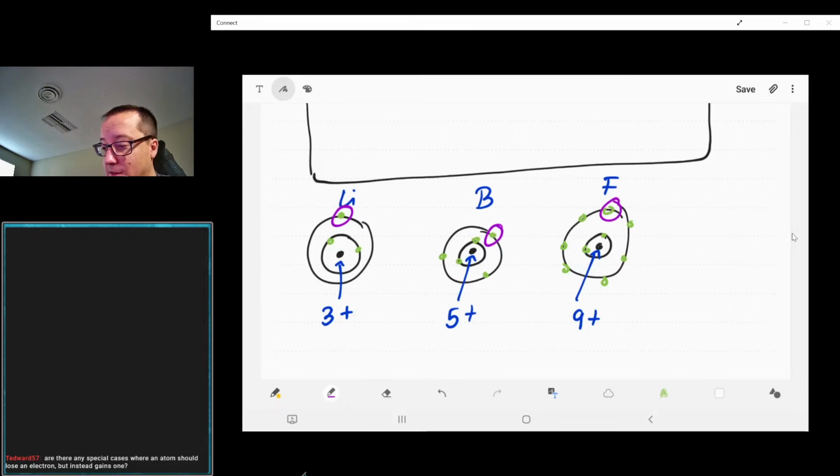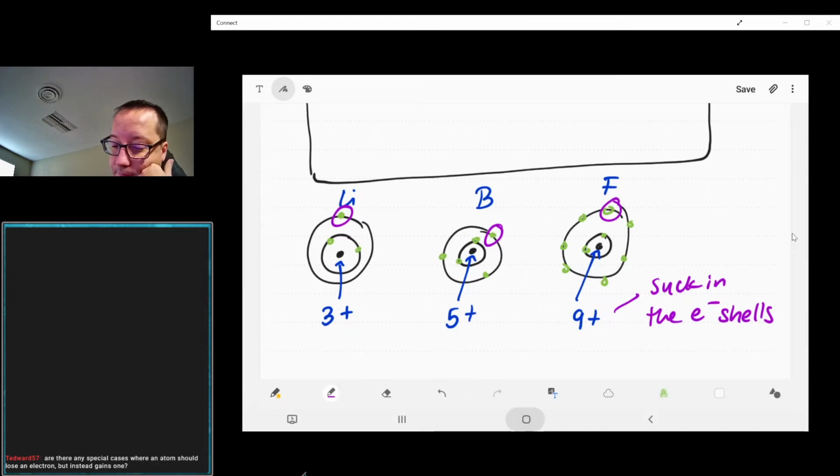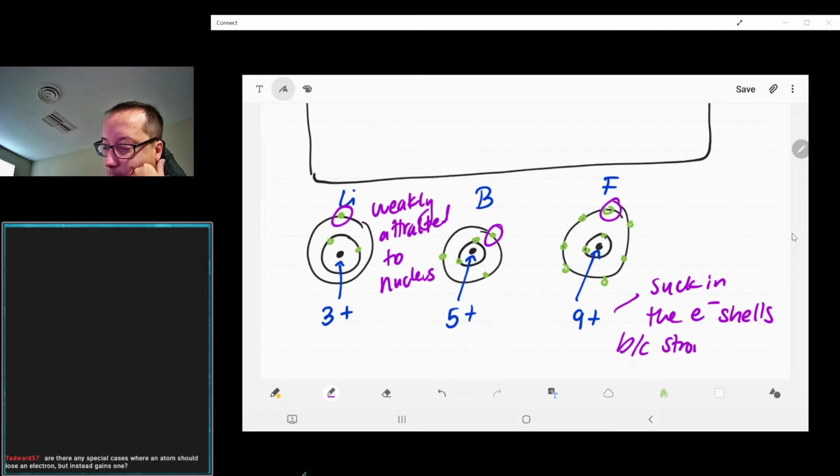And as a result, this 9 plus will kind of suck in the electrons, because it's so much more positive relative to the other nuclei here. This one is only very weakly attracted to the nucleus, whereas this one will have a very strong attraction to the nucleus. And this one, poor boron, is just in the middle.